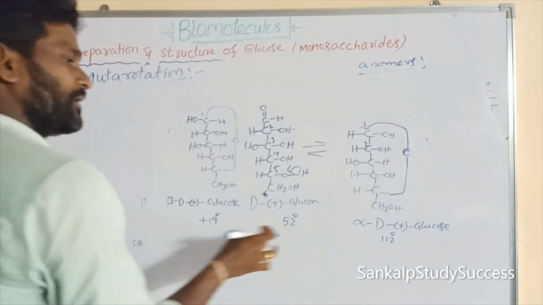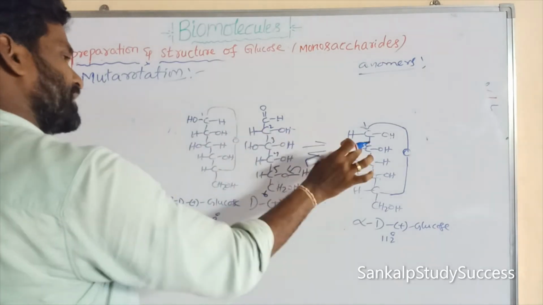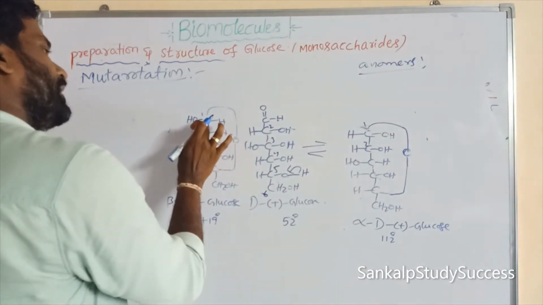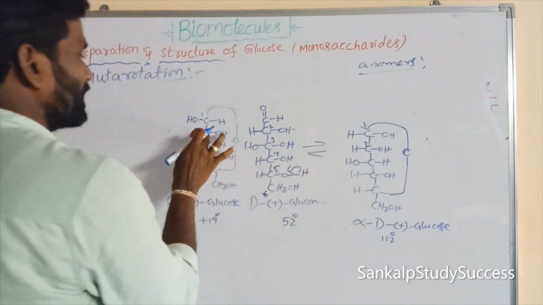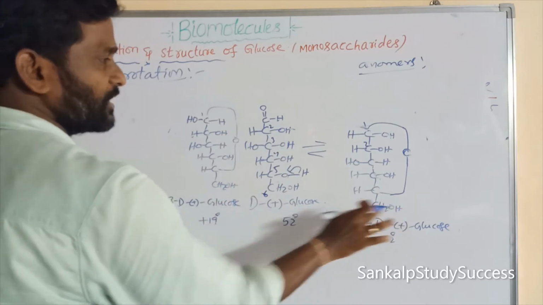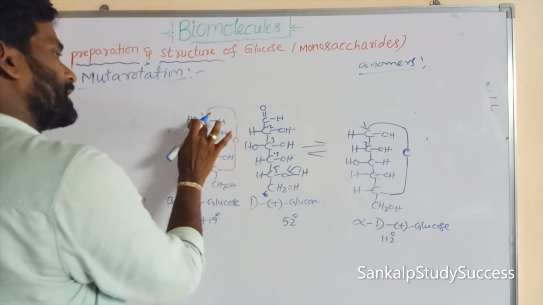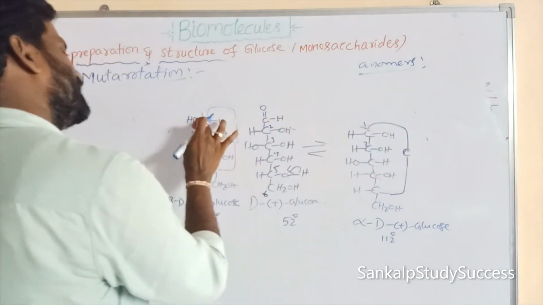Here alpha D glucose and beta D glucose have the same structure except the first carbon, and the remaining carbons are the same. Second carbon HOH, third carbon, fourth carbon, fifth carbon, and the last one also. But at the first carbon, in alpha D glucose, OH is present on the right side.